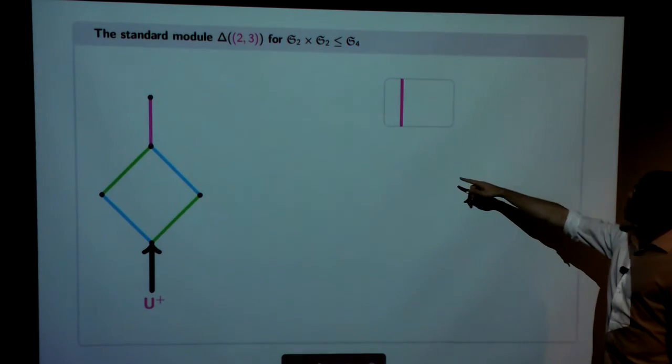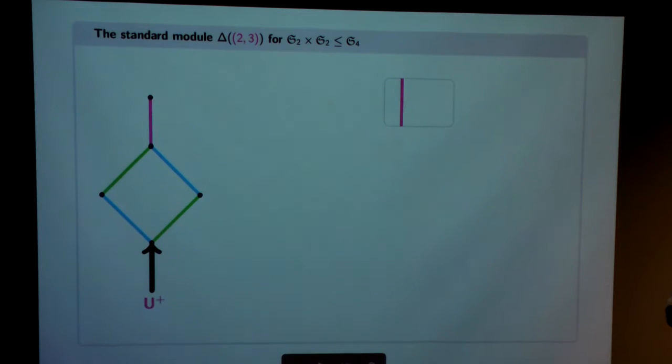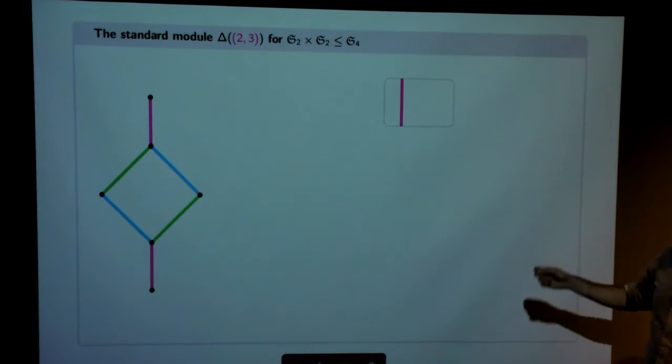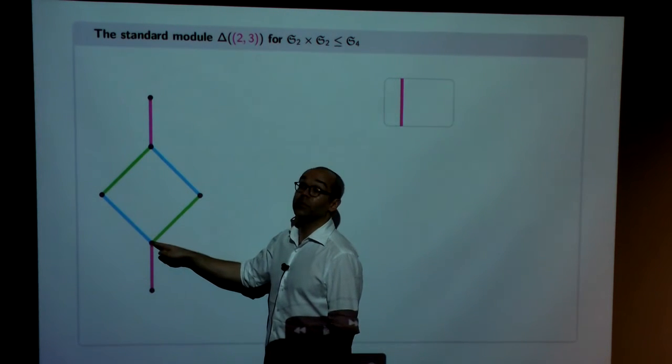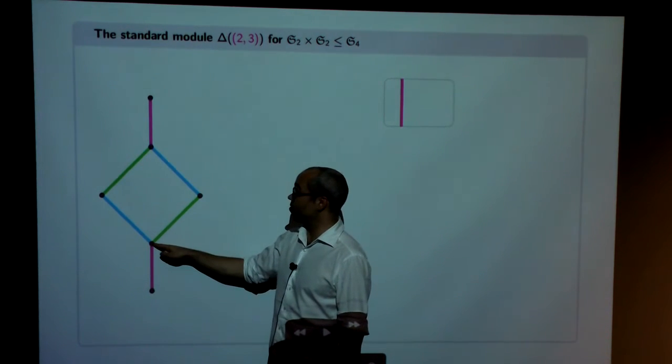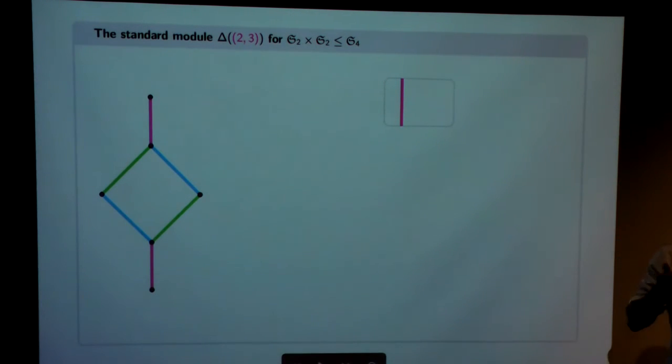It's going to be generated by just this idempotent path. That's all the paths you can do which start with pink and end with pink. If I draw a line, the only way to fold it up is to do nothing. It's a bit vacuous, so it's hard to understand, but hopefully it'll become obvious for the next one.